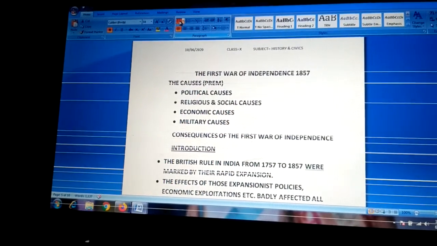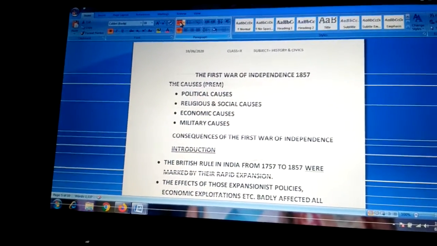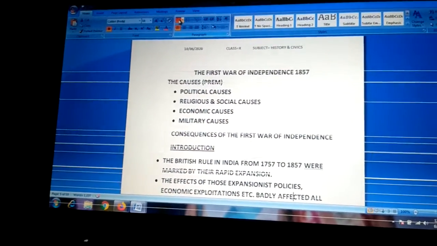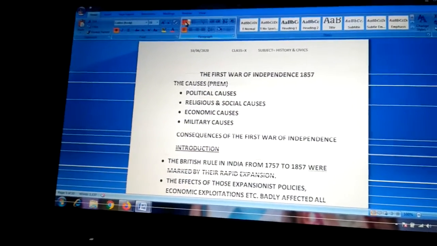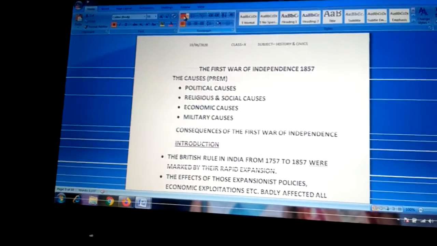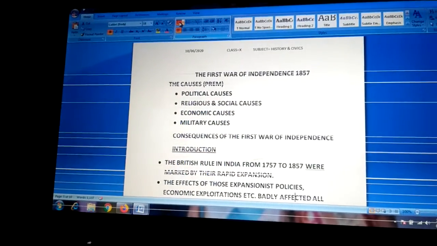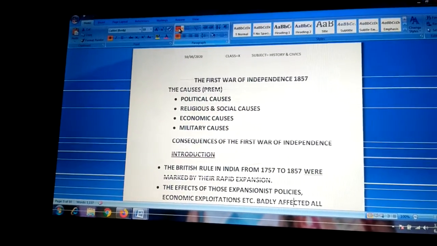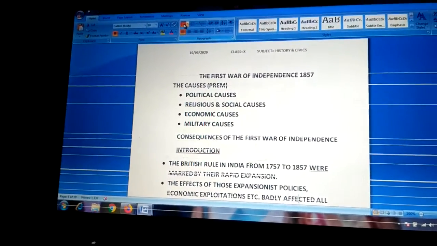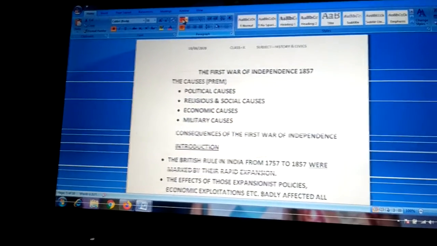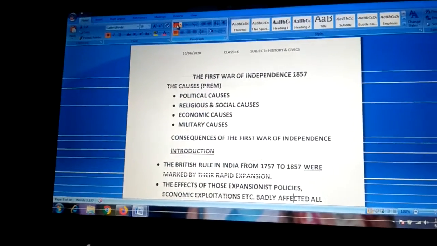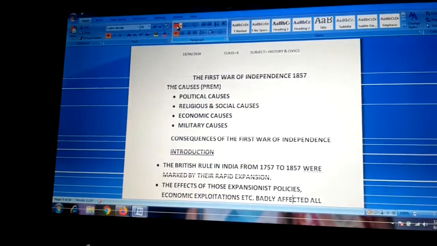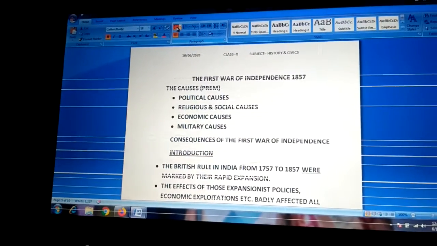In 1757, another important battle happened. That was the Battle of Plassey, and in this battle the British properly captured India.